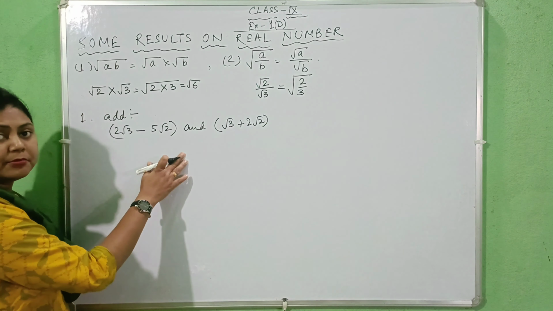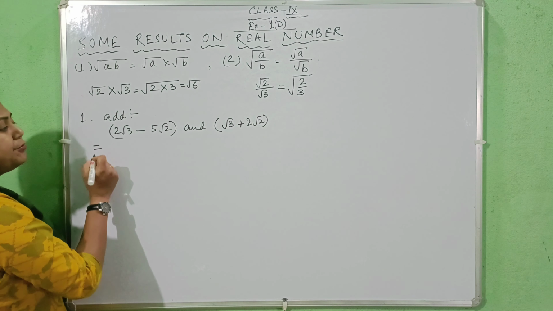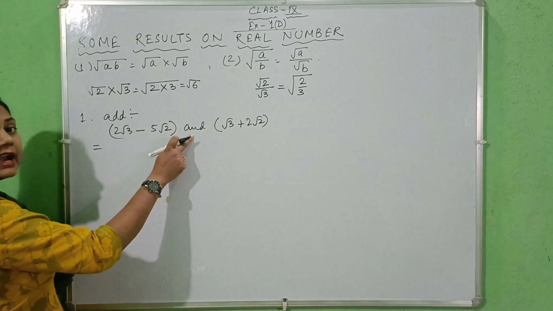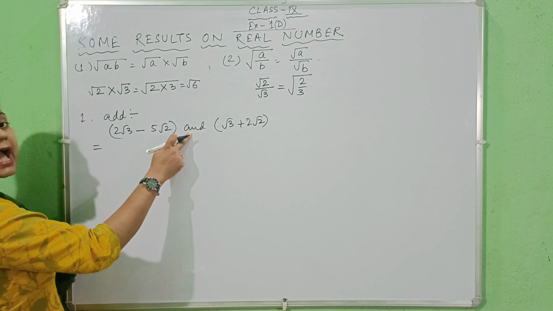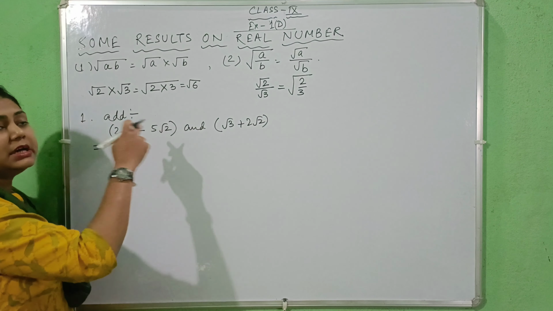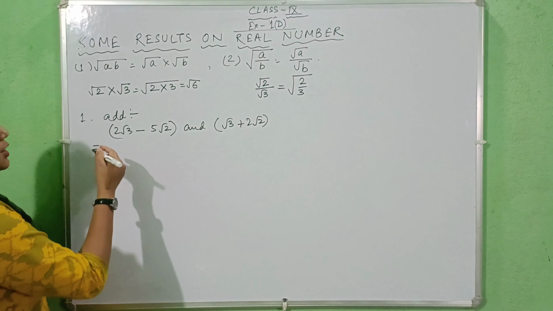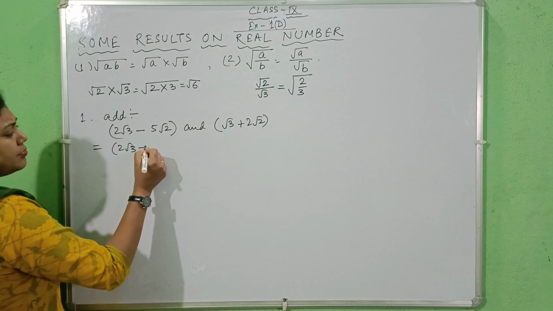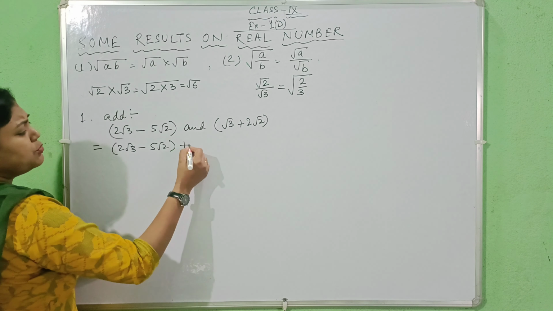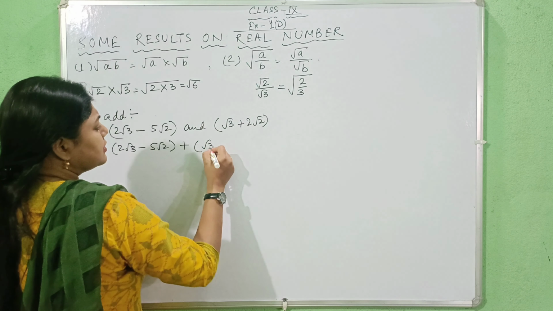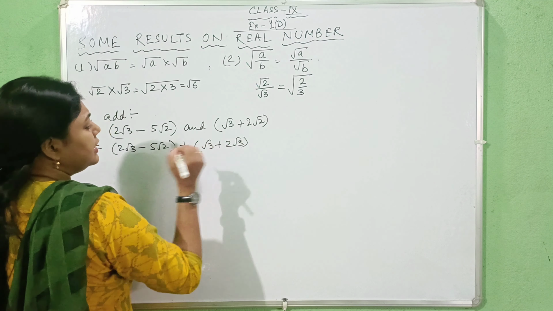So this is the sum. Okay, how to solve? At first, when you are going to add them, you have to replace 'and' by the plus sign. It means we need to put a plus in between these two brackets. So I did it like that.